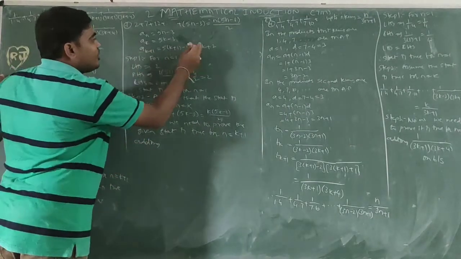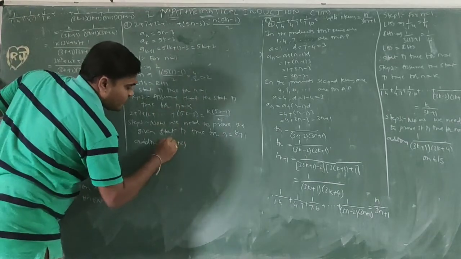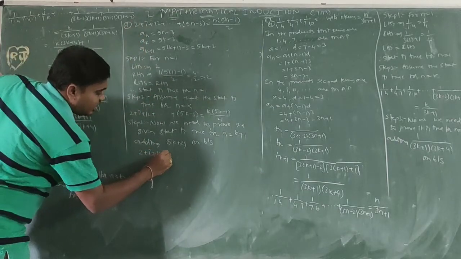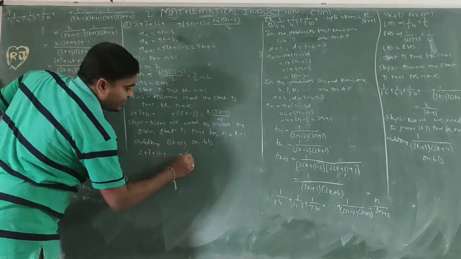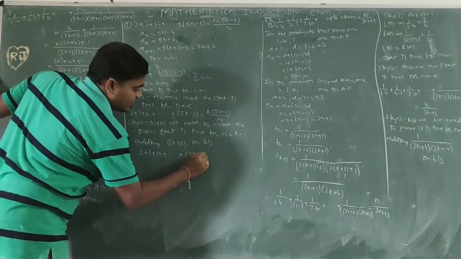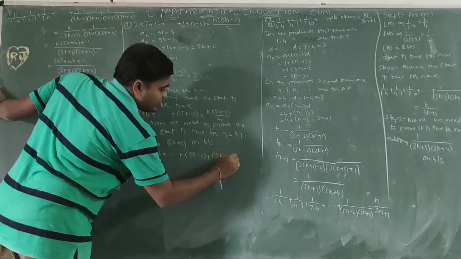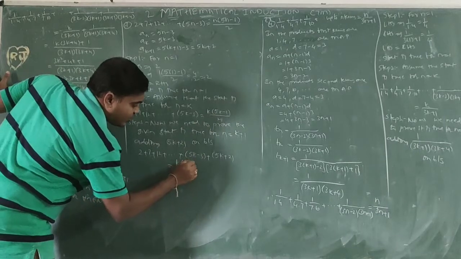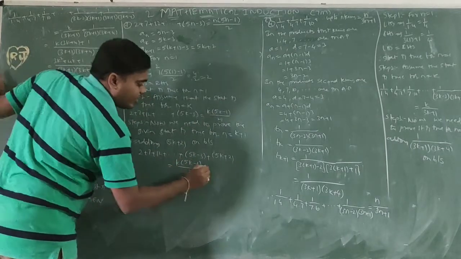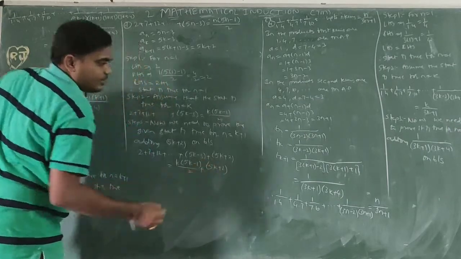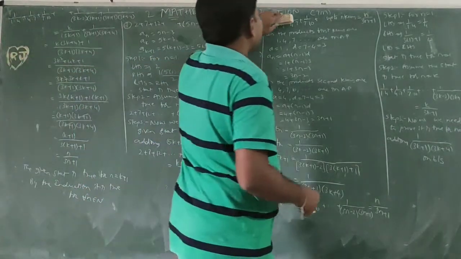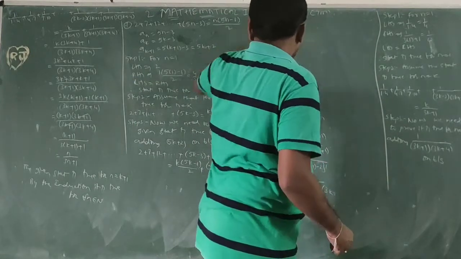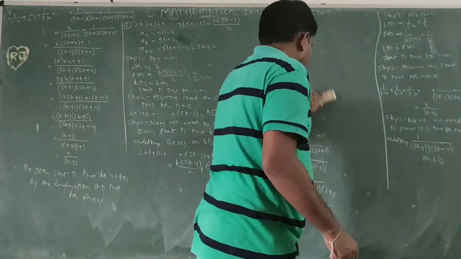What is the k plus 1 term? 5k plus 2 on both sides. 2 plus 7 plus 12 plus up to so on plus 5k minus 3 plus 5k plus 2 equal to, what is RHS? k of 5k minus 1 by 2 plus 5k plus 2. So I want to simplify only the right side.